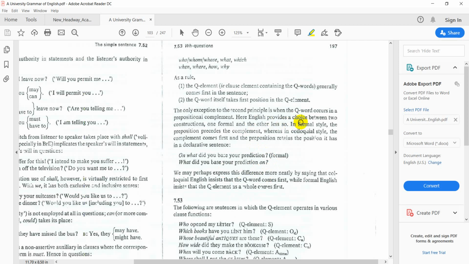Here, English provides a choice between two constructions, one formal and the other less so, informal.